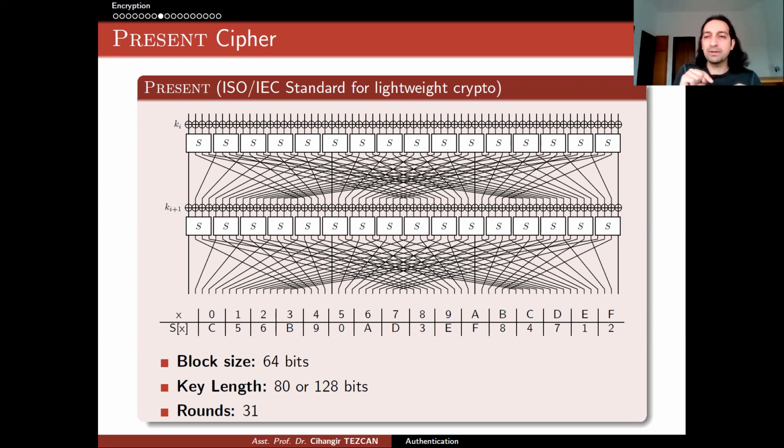Of course, you have to somehow combine these blocks, because if you do it independently in parallel, this would cause some security problems. But this is what we call mode of operation, and if you're interested, you can see how we combine those blocks. But let's first focus on how we encrypt a single block.